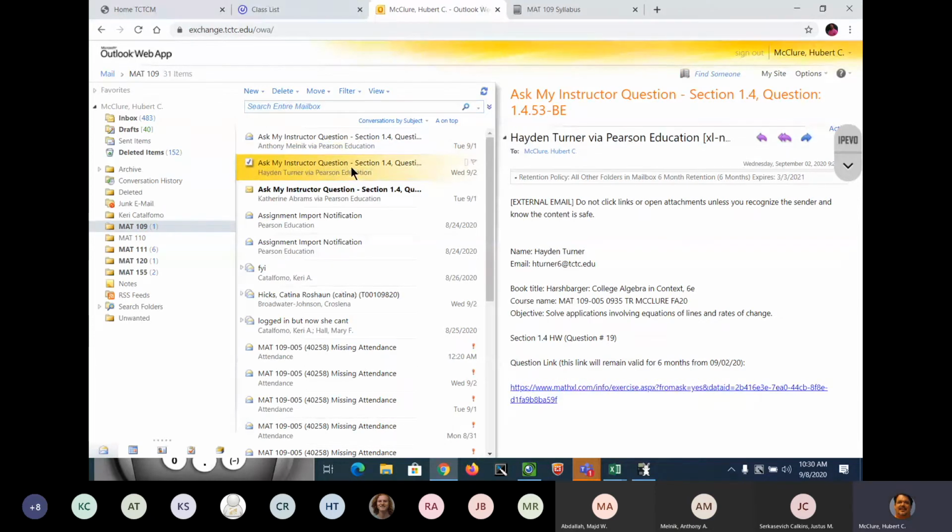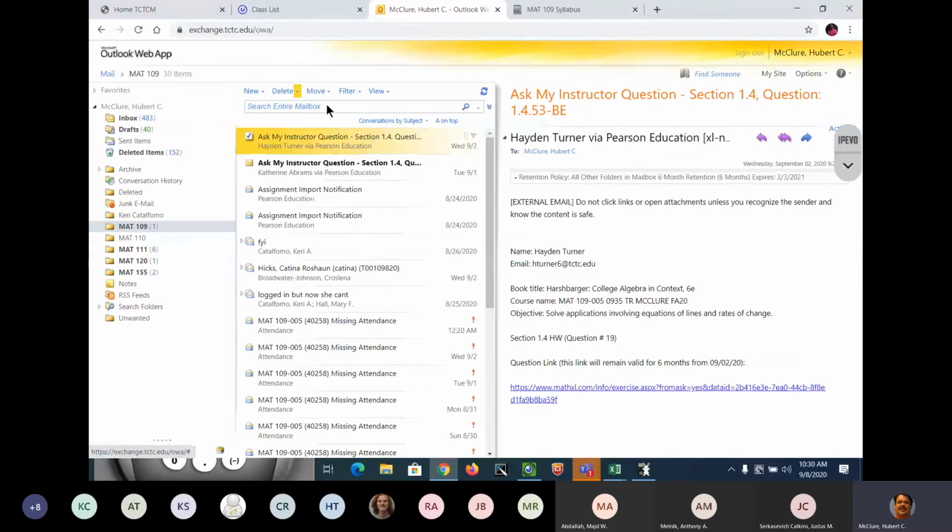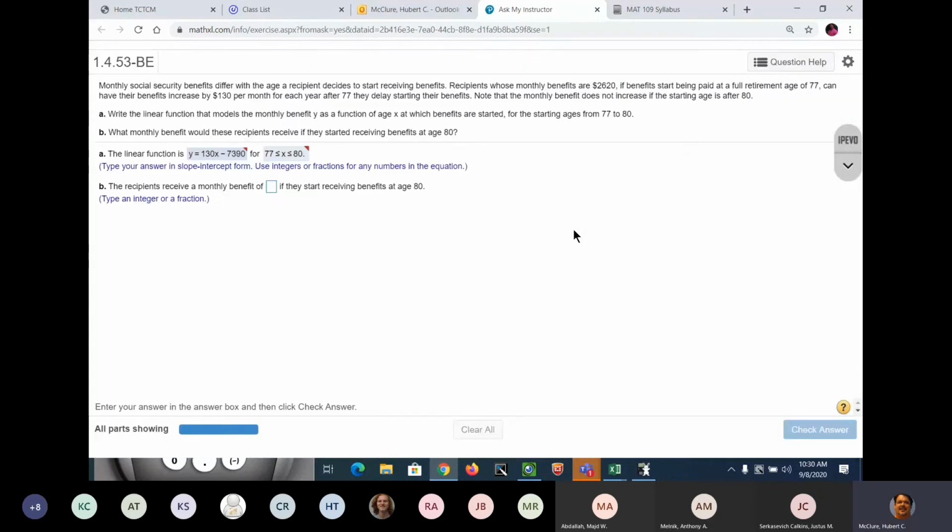And this is 1.4, number 53 in the book, number 19 online. This word problem put me to sleep. Monthly Social Security benefits differ with the age a recipient decides to start receiving benefits.